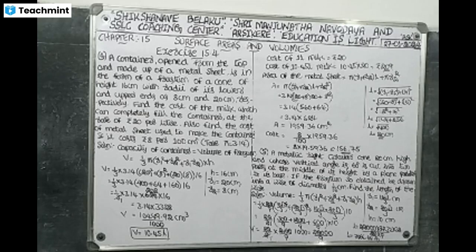It is given R1 is equal to 20 centimeter, R2 square, 8 square, plus R1 into R2, 20 into 8, bracket close, into height value 16 centimeter.